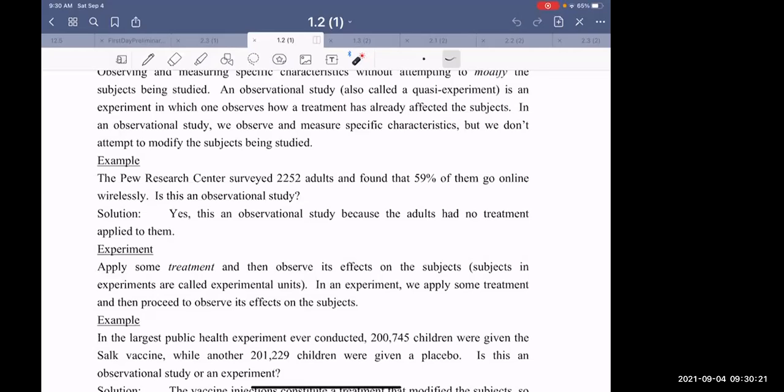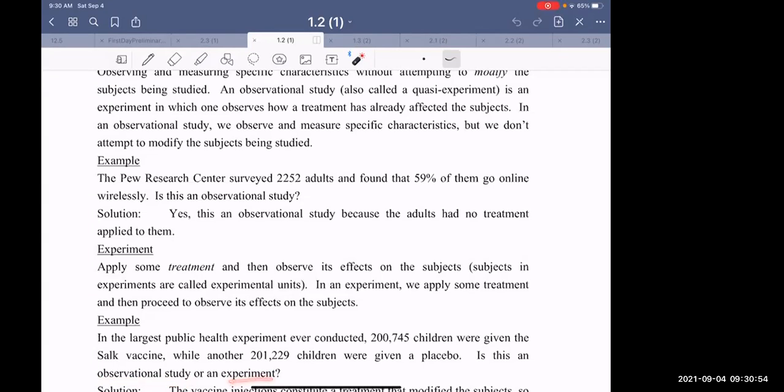So is this an observational study? They would observe to see if these children that were given the vaccine would then develop polio. And then they looked at these other children who were given this placebo and saw if they would develop polio.